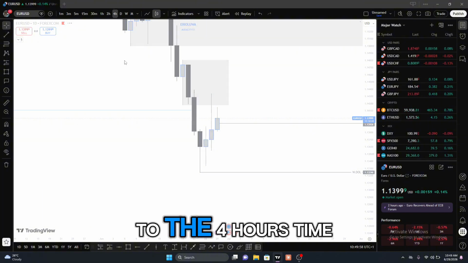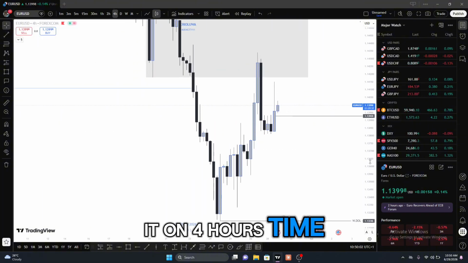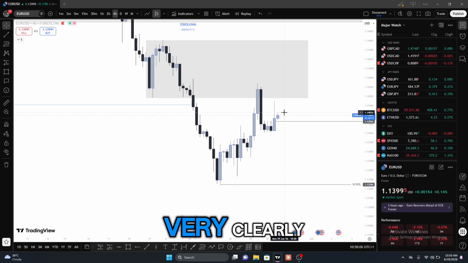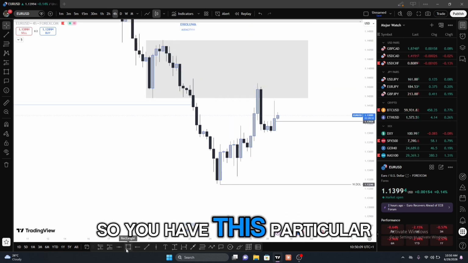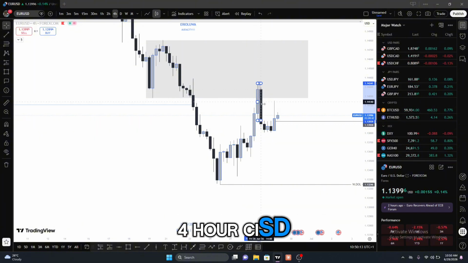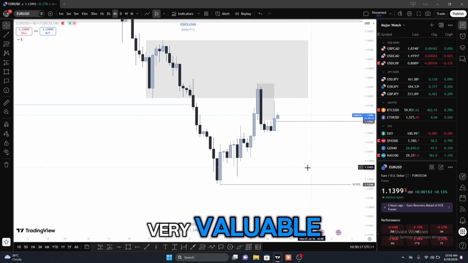Let's go down to the 4 hour time frame. Here we have a CISD, and you can see it very clearly. This is a 4 hour CISD formation, and we all know higher time frame CISDs are very valuable.